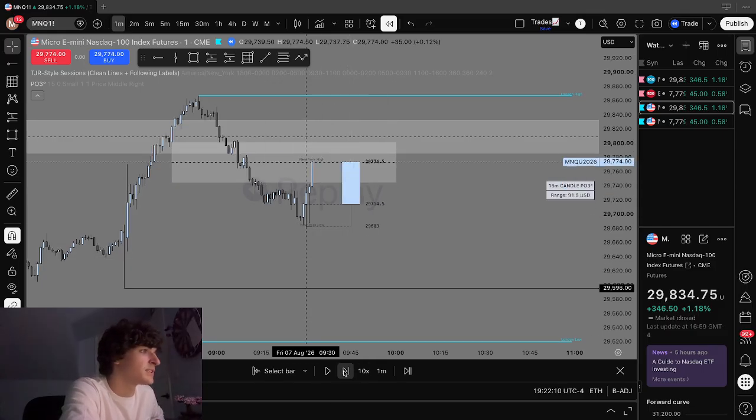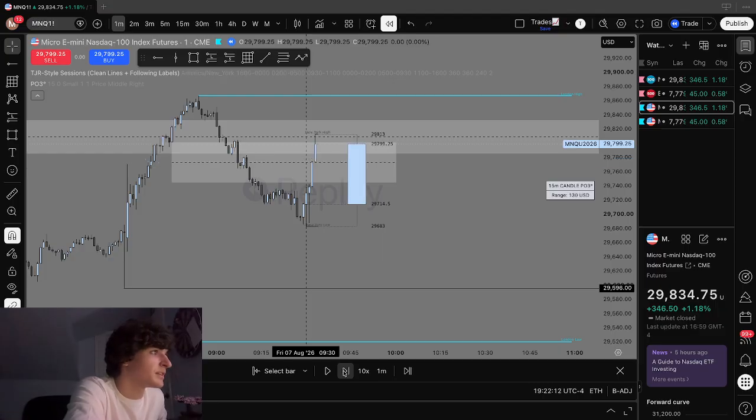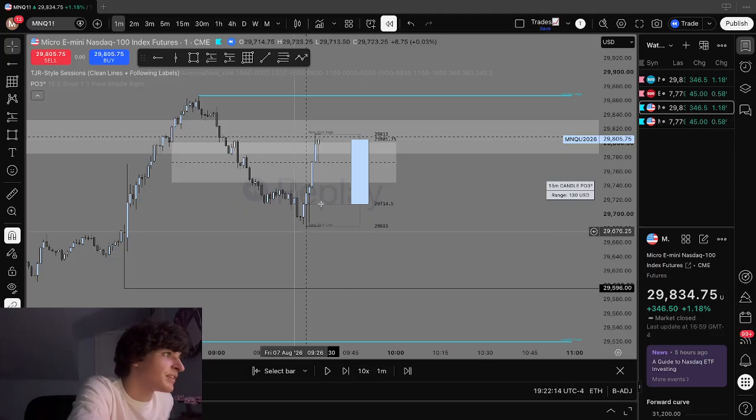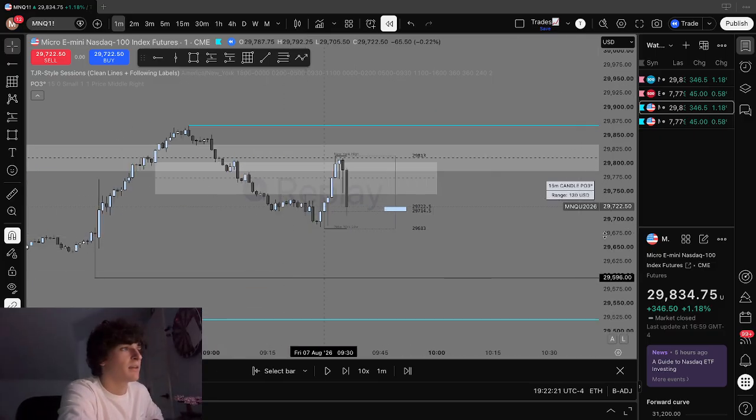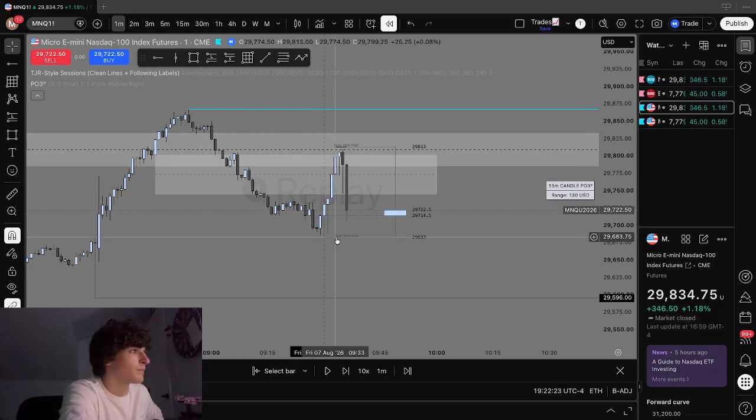Boom. Then we later see displacement out of this 15 minute. Right there. Boom. Beautiful displacement in my book. We took out some resting liquidity over here.